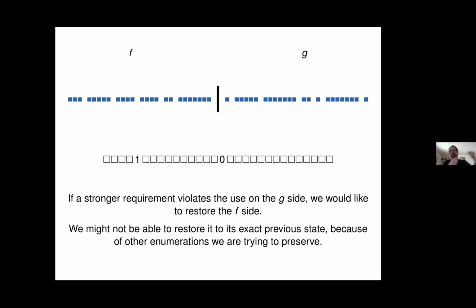But there might be two different values that you were preserving, right? One of them might have happened, the computation might have happened at stage 13, and the other one at stage 100. So you'd want to restore X to what it looked like, at least up to the relevant use at stage 13, and you also want to restore it to what it looked like at stage 100. That's a problem, right? These two things might be incompatible.